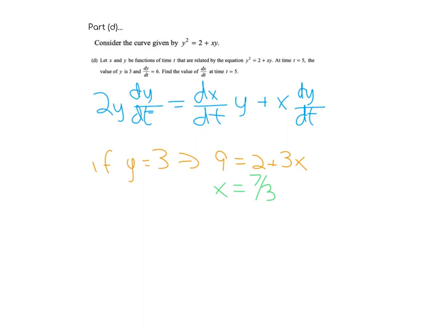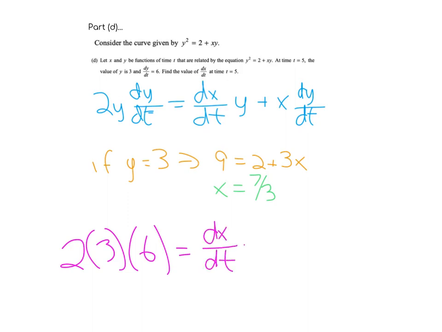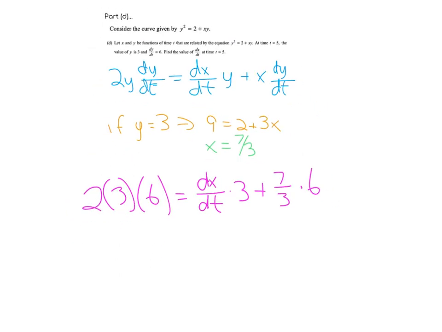And now we just need to plug things in. We plug in 3 for y and 6 for dy/dt. We don't know dx/dt. That is our unknown. 3 for y, x we just found was 7/3, and dy/dt is 6. So 2 times 3 is 6, times 6 is 36, equals 3 dx/dt.